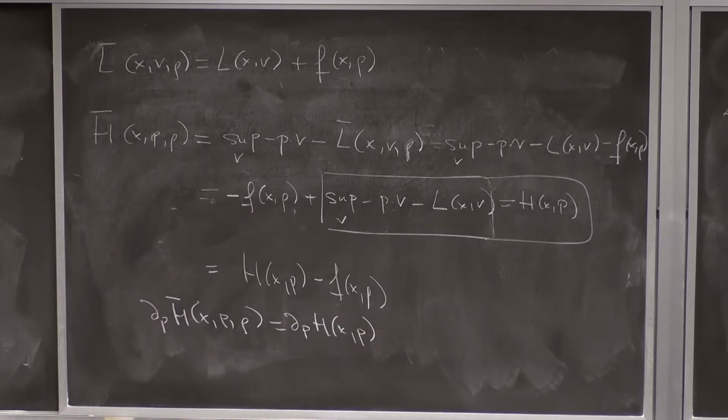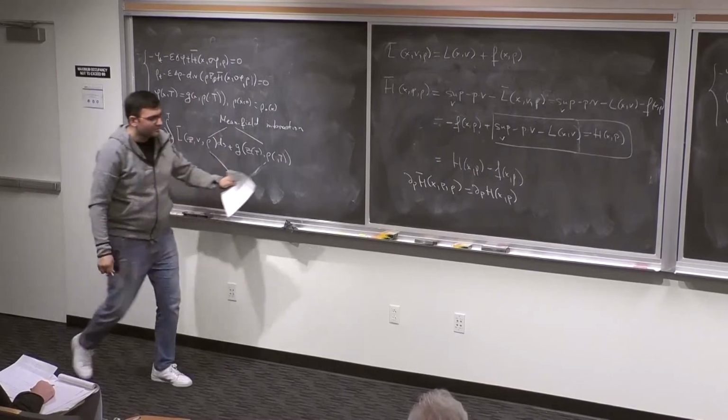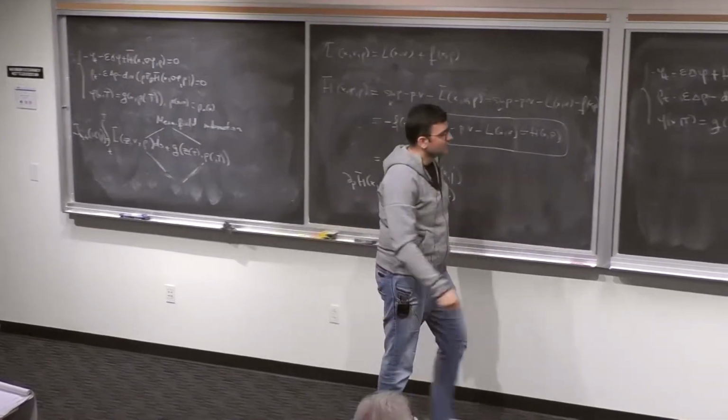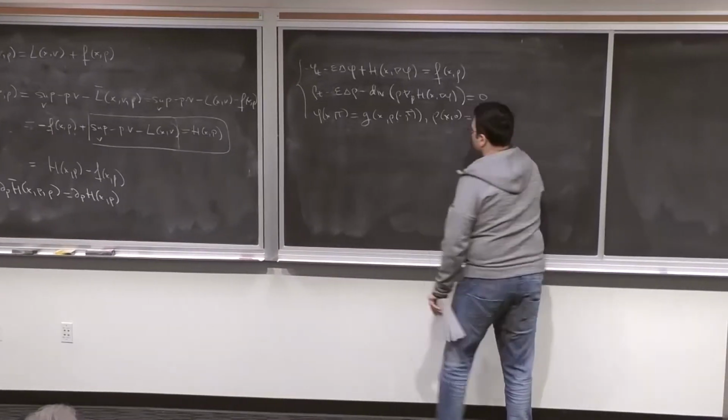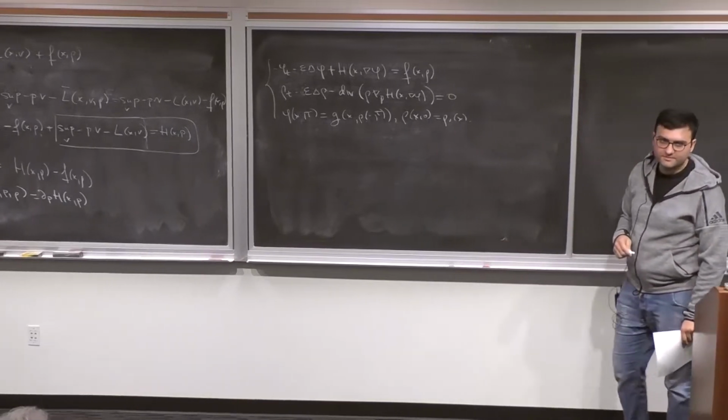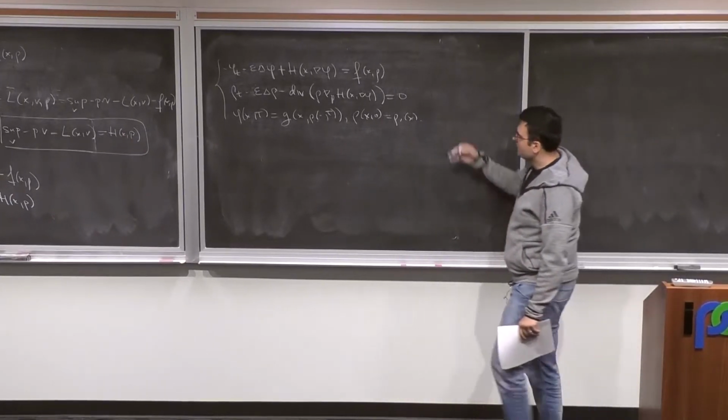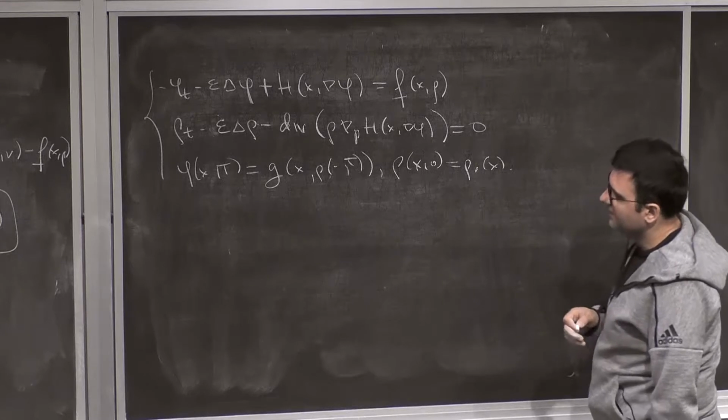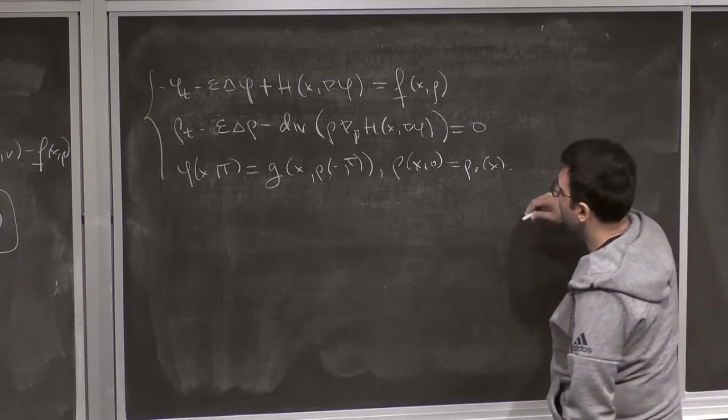If I replace d_p H bar here by just d_p H, I'll get this equation here. This is one of the most common mean-field game systems that appear in the literature.